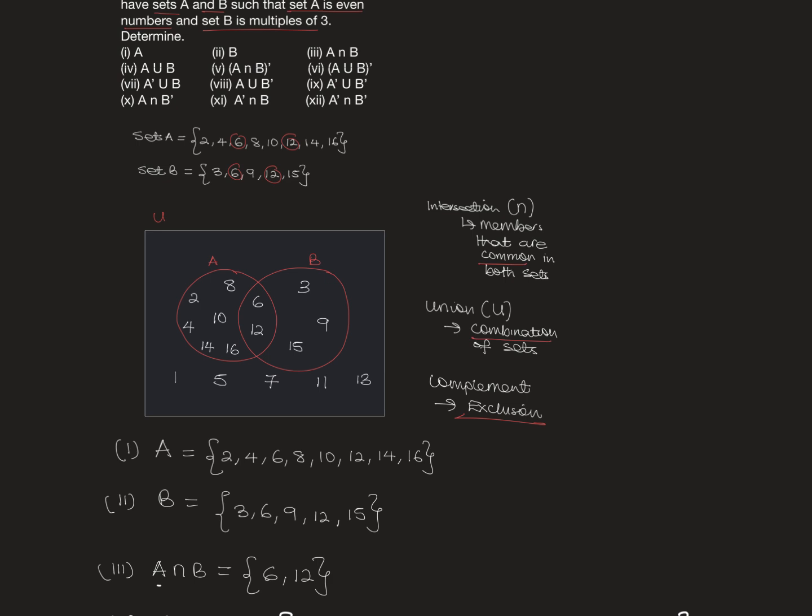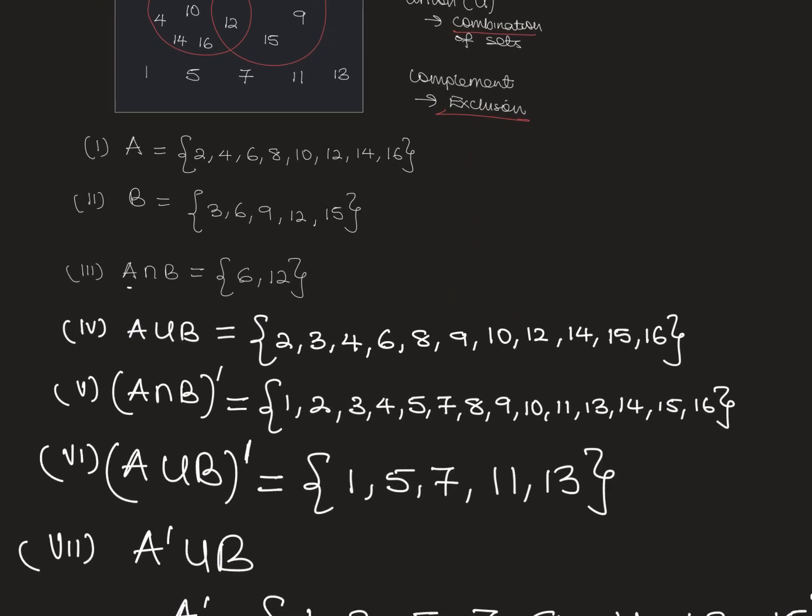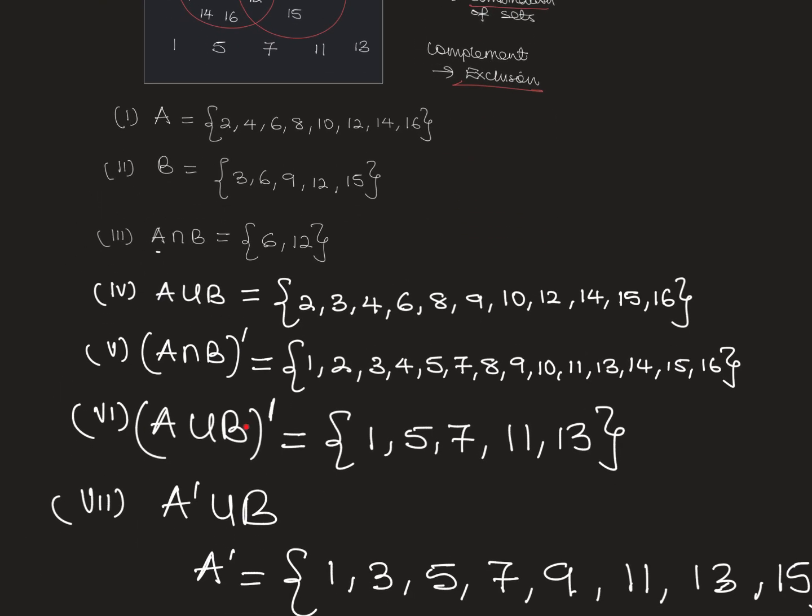Do we have a question of that A union B all complement? Is the sixth question. So let's analyze that. A union B all complement. What do we have for that? Question 6. A union B all complement is 1, 5, 7, 11, and 13.